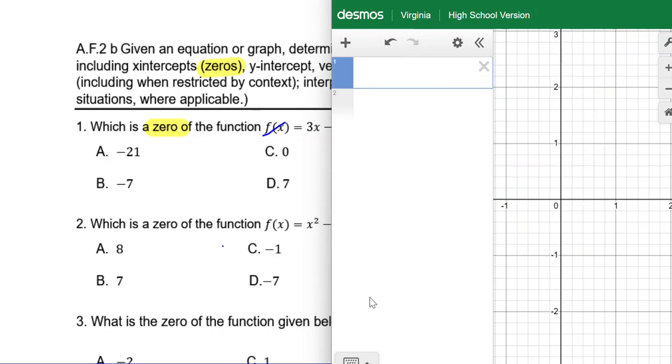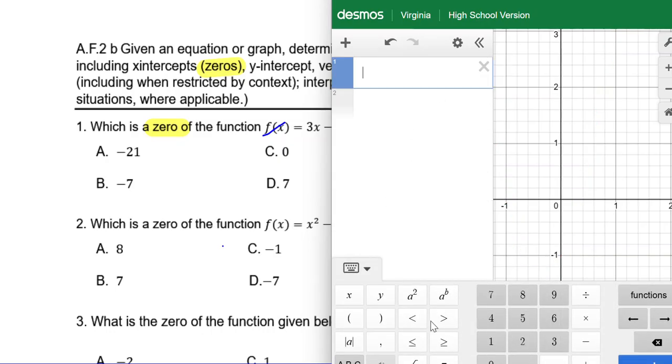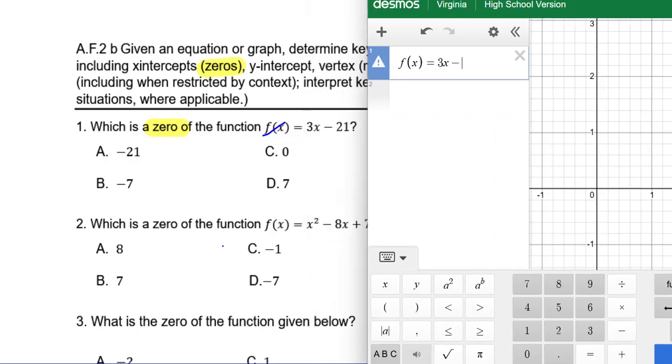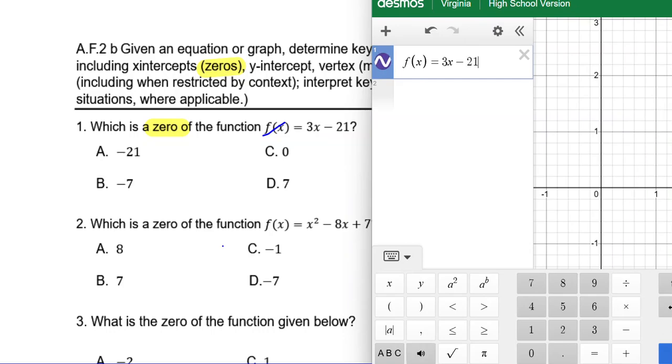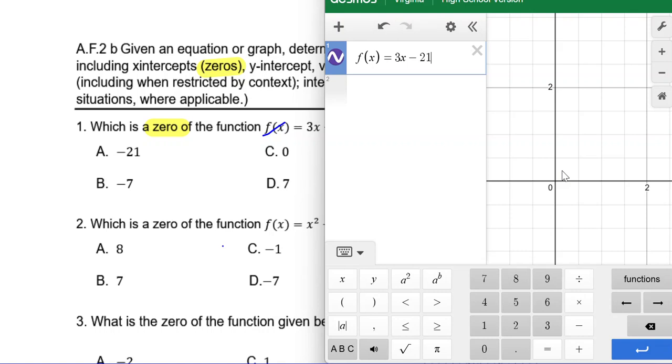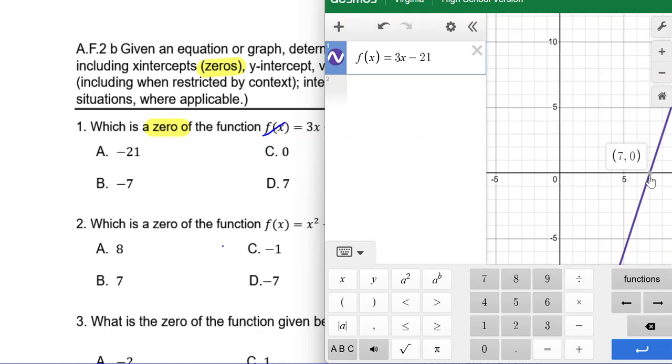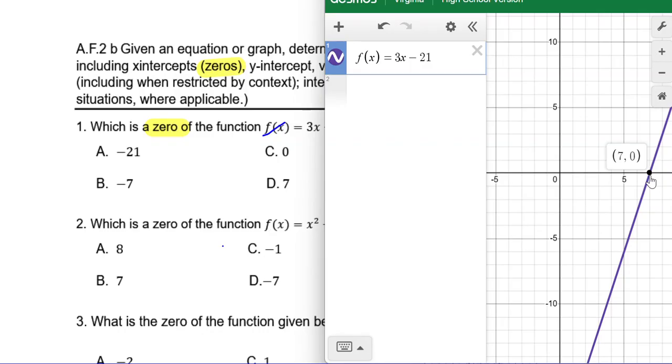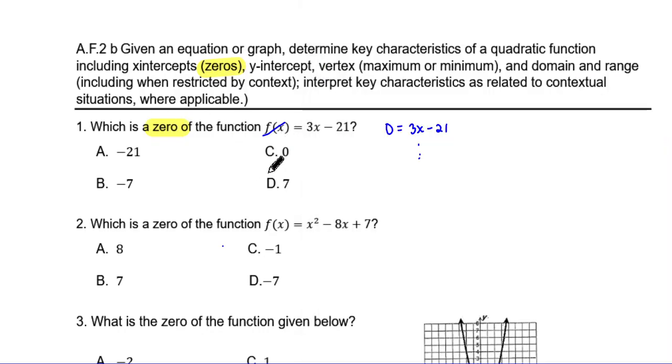So you would just put f of x equals 3x minus 21. Then you can zoom out and see where it crosses the x-axis. It crosses at 7. You're just looking for where your y-coordinate is equal to 0.